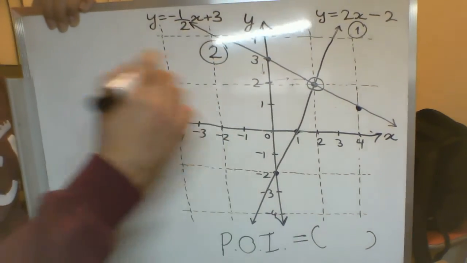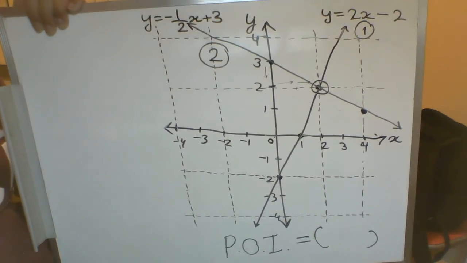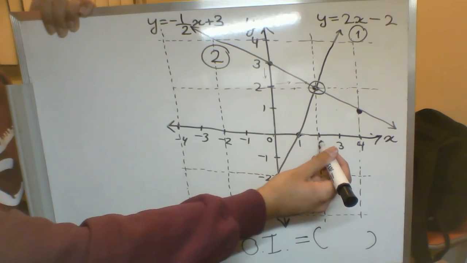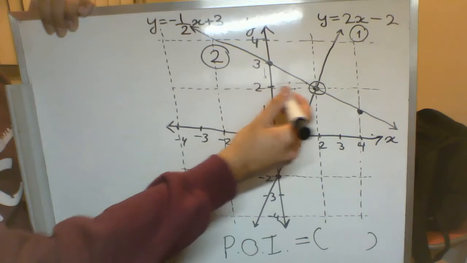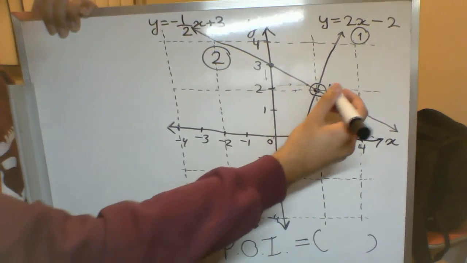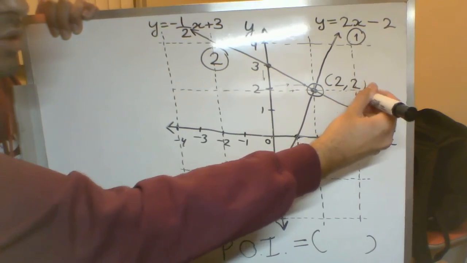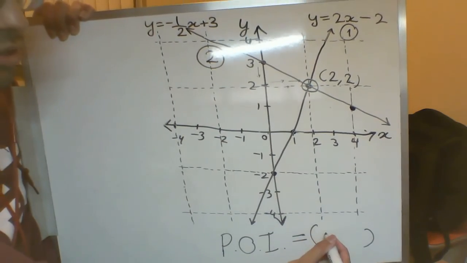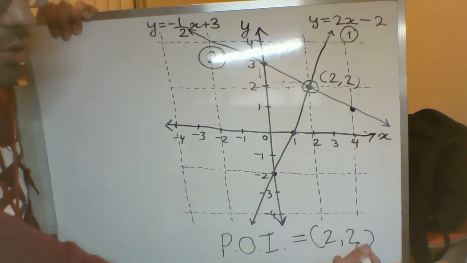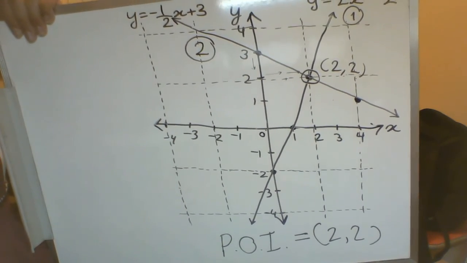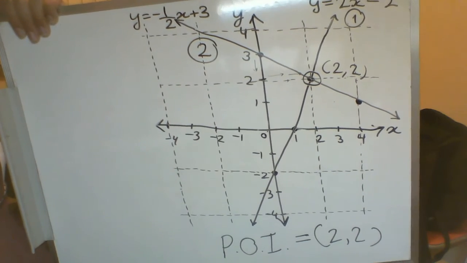So let's eyeball it from the graph, and then we'll work it out with some math. So if we're using the graph for this, we get that it's got an x value of 2, but also a y value of 2. So the coordinates of this point in here must be 2, 2. So we get point of intersection 2, 2. Perfect. So that tells us what our point of intersection between these 2 lines is.